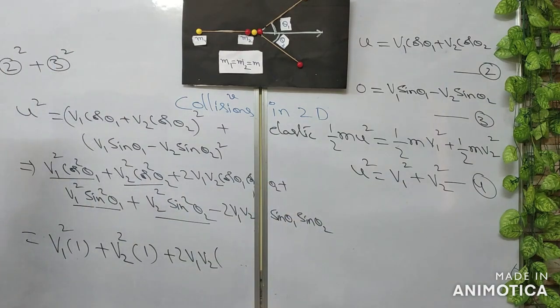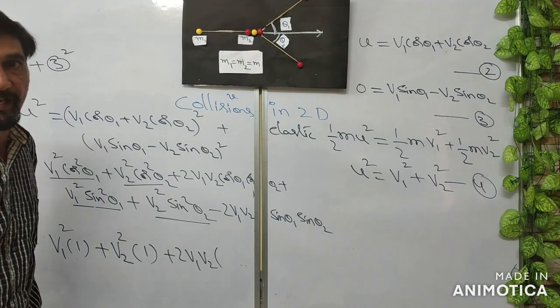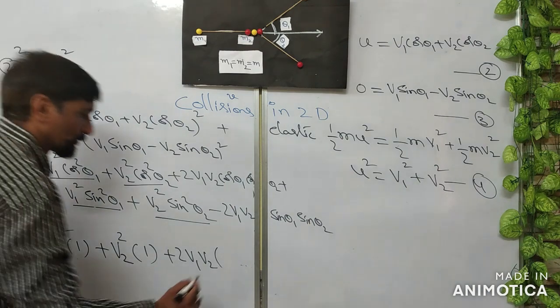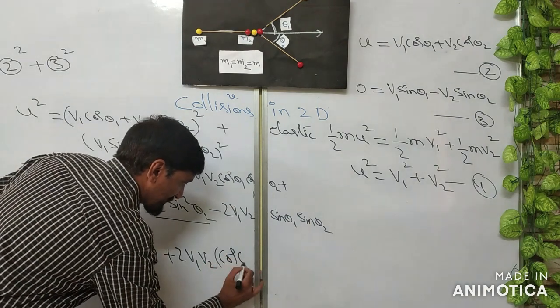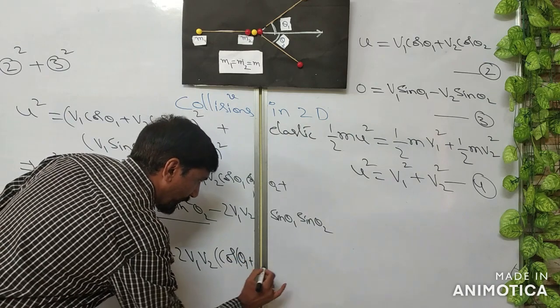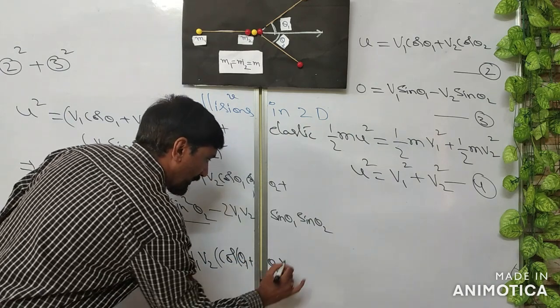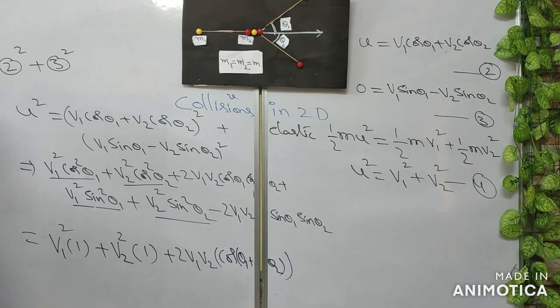That is in the form of cos(a plus b), so it can be taken as cos of theta 1 plus theta 2. That is u square.